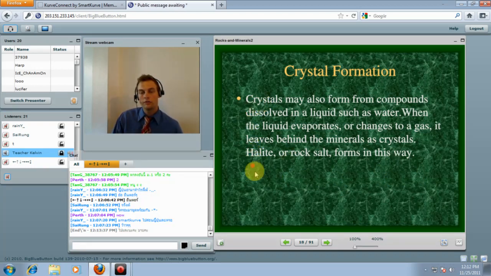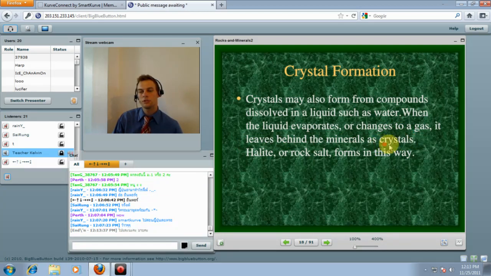So if you have two liquids, sometimes they'll be in solution with one another, and if they combine, they can form crystals as well. When the liquid evaporates or changes to gas, it leaves behind minerals and crystals.